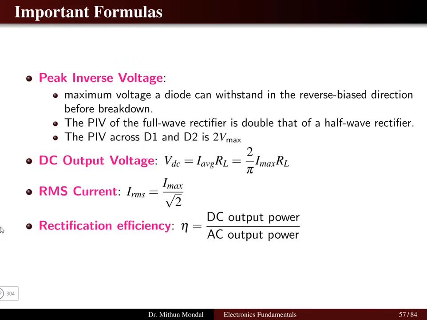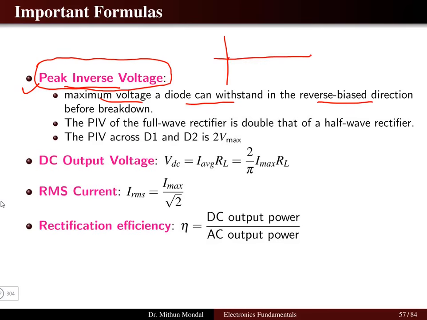So the important formulas relating to the full wave rectifier: we need to find the peak inverse voltage, for both the half wave as well as the full wave rectifier. The definition of peak inverse voltage is the maximum voltage that the diode can withstand in the reverse bias direction. When we have the AC input positive and negative, this is the forward biasing condition and this is the reverse bias condition.